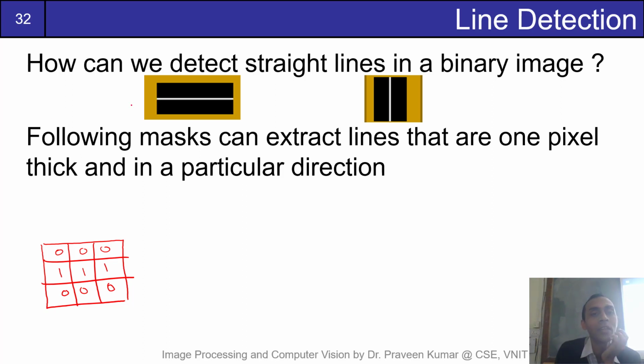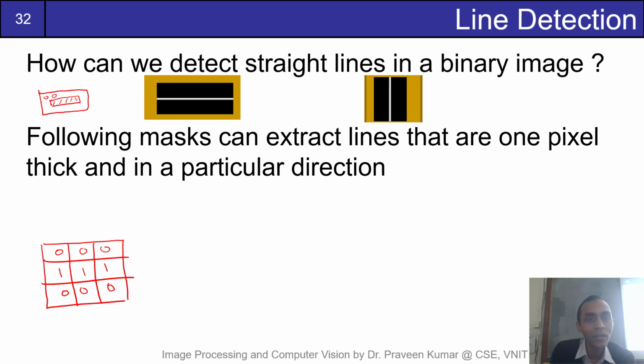So let us say you are not having a single pixel thick line, but this is not a line, it's a block of 1 pixels and the background is 0. If you apply this mask, what values will you get? Wherever all these are zeros, the value will be 0.